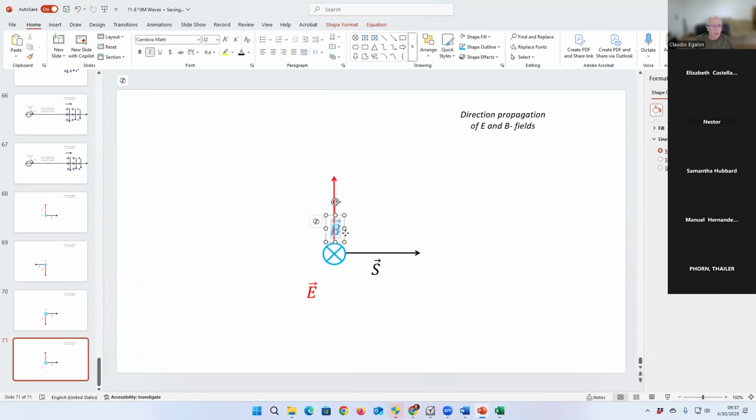Then I have E cross B. Oops, the B should be downwards here.